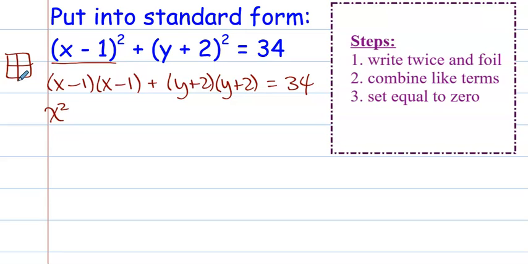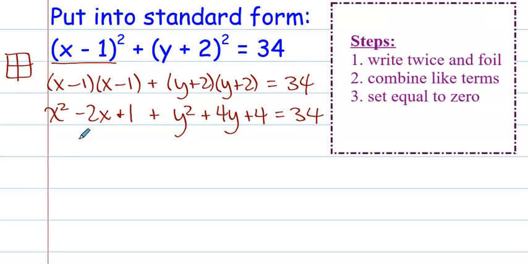This ends up just being a negative x, and a negative x makes negative 2x, and then plus 1. Same thing here, 4y plus 4. Okay, so now we want to put all the x's together.